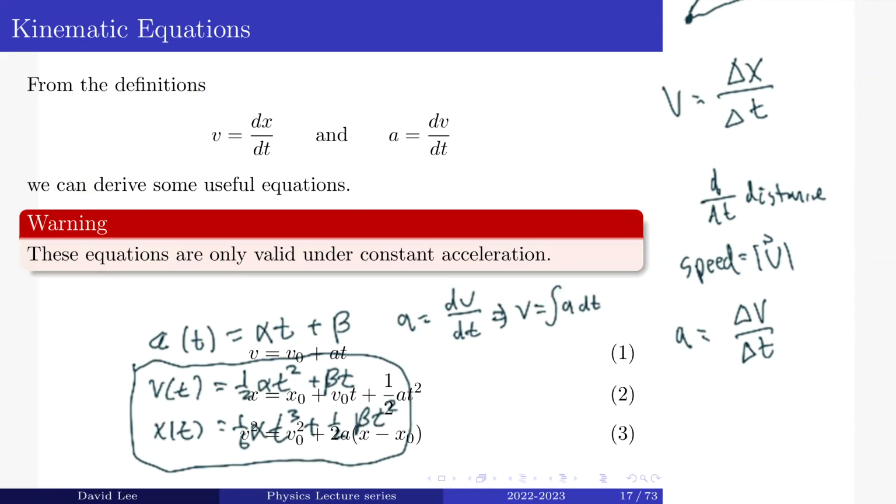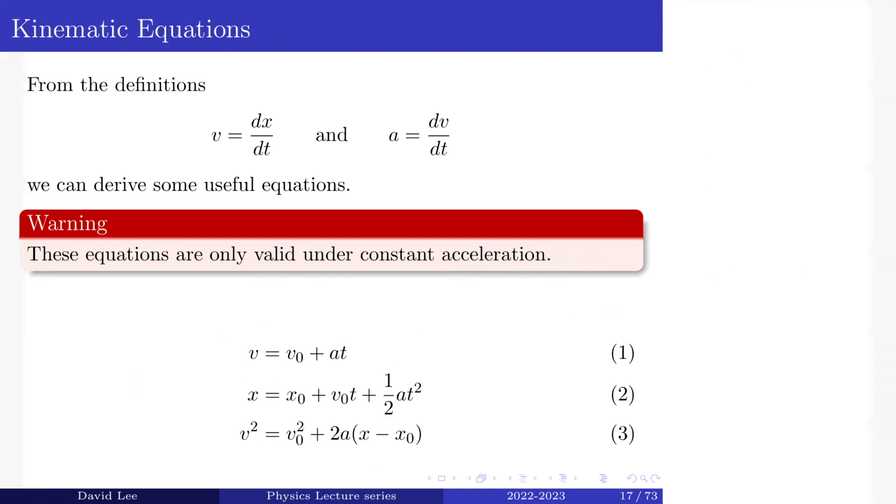Okay, so now let's talk about kinematic equations. We know the equations a equals dv dt and v equals dx dt. These are just the definitions. But if we assume that there's constant acceleration, we can also derive some other equations.